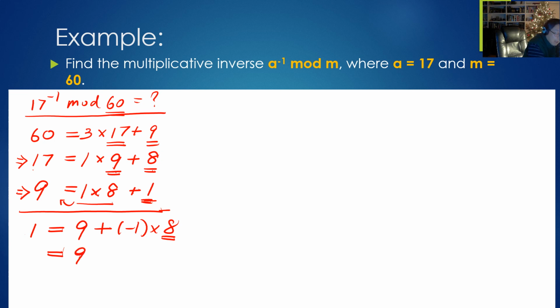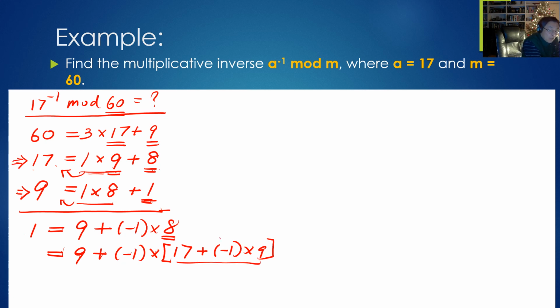So now I have 9 plus minus 1 times 8. And I replace 8 by 17 minus, I move this to the left, right? 17 minus 1 times 9, or I can say 17 plus minus 1 times 9. So I replaced 8 with this number based on the second equality, right?